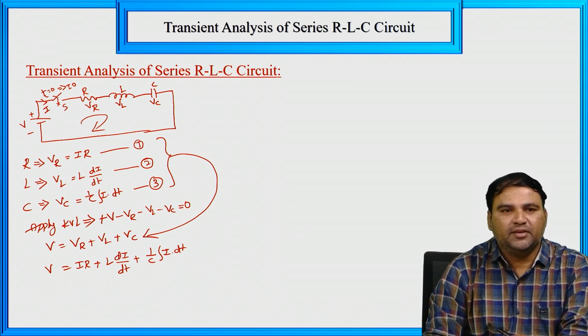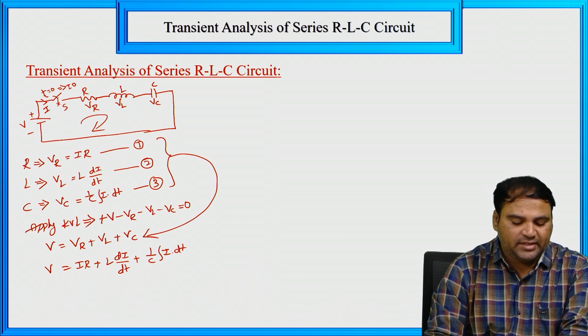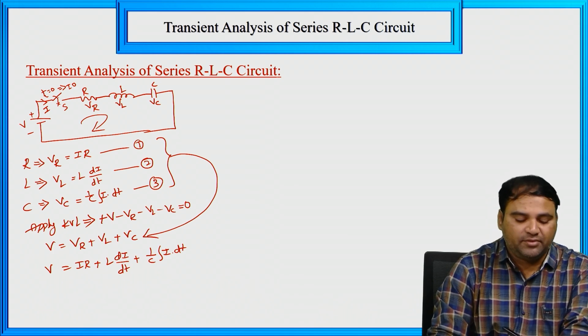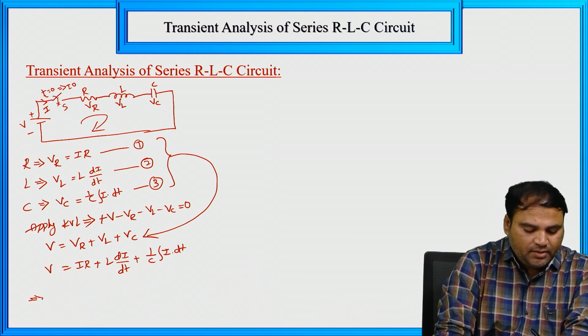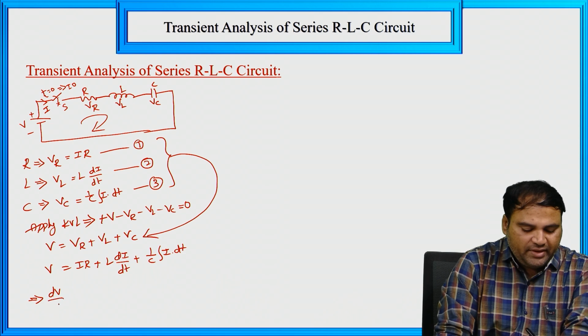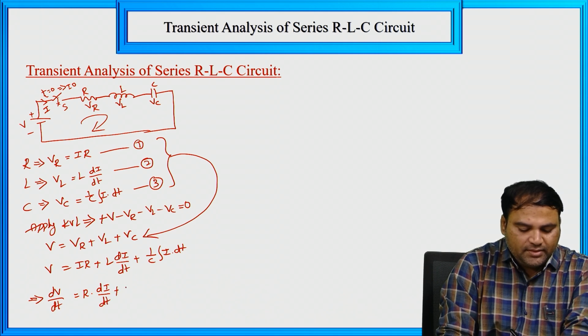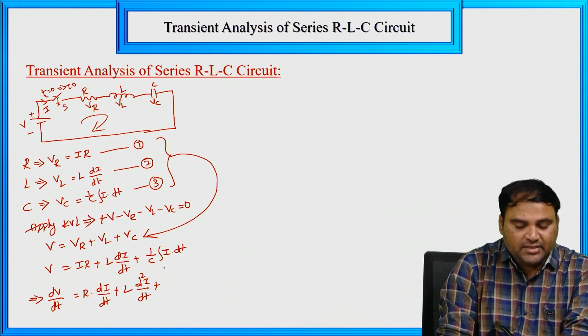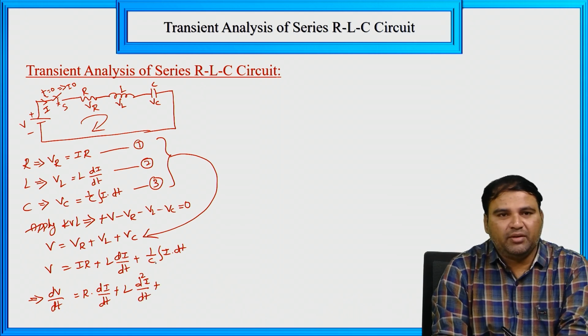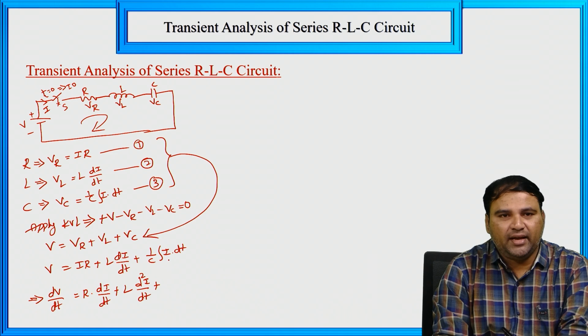Now, we have to simplify this equation. For that, we differentiate on both sides. So, we get dV by dt equal to R into di by dt plus L into d square I by dt square plus d by dt of 1 by C integral I dt.